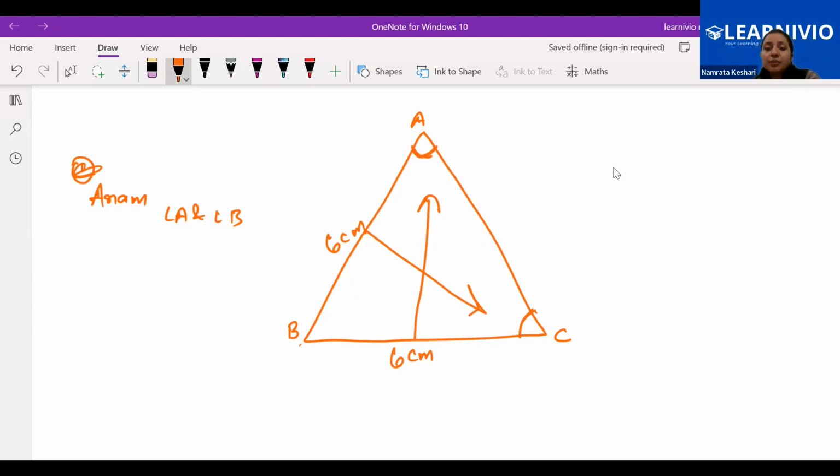Angle A and angle B will not be the same over here. Angle A and angle C will be the same. Opposite to BC is angle A and opposite to AB is angle C. So angle A and angle C will be of the same measurement. Sides which are equal, the angles just opposite to those sides will be equal to each other.